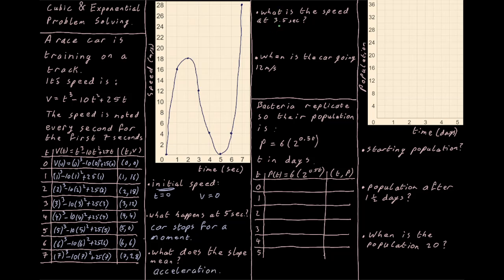What is the speed of the car at 3.5 seconds? We go to our time axis and we want to know, when the x value, the time value, is 3.5, what is our speed going to be? So time is 3.5, and then what would be the speed coordinate of that?